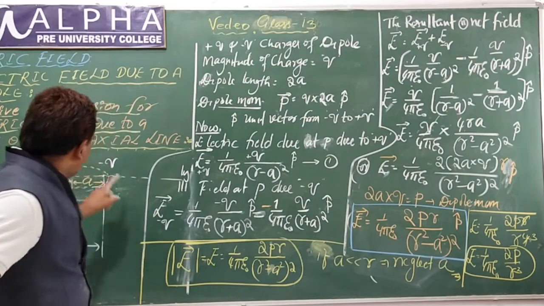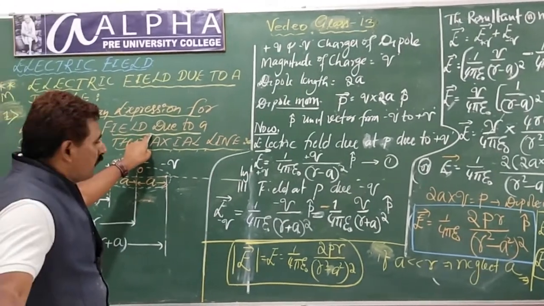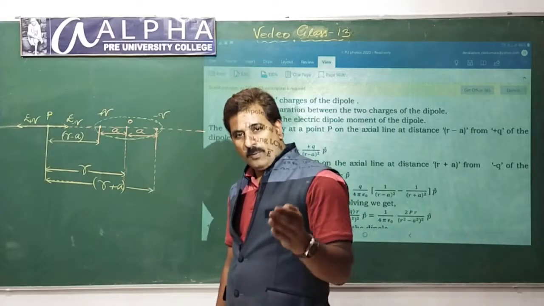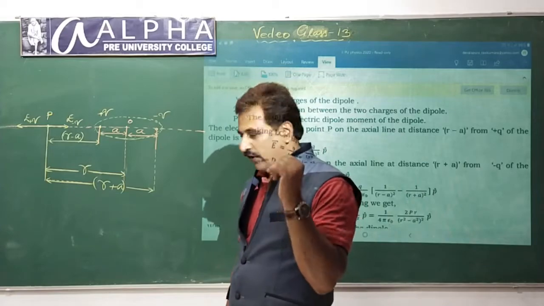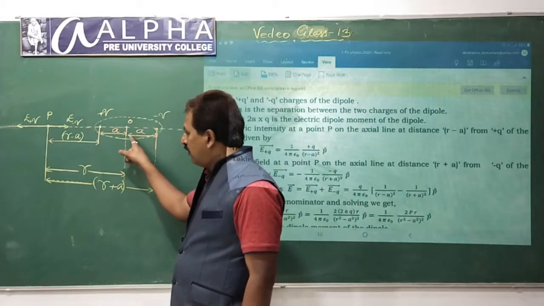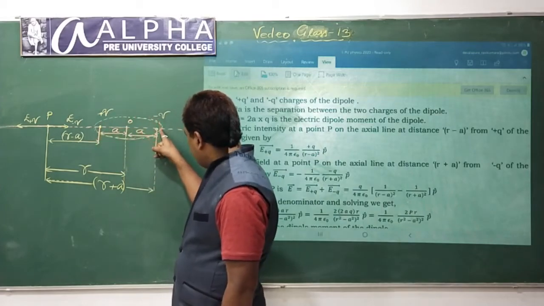What is that? Electric field due to a dipole on which line? Axial line. This is what you have to remember. You will see how much you have to write in the board examination for 5 marks. See, for this diagram: a dipole, positive end, negative end.